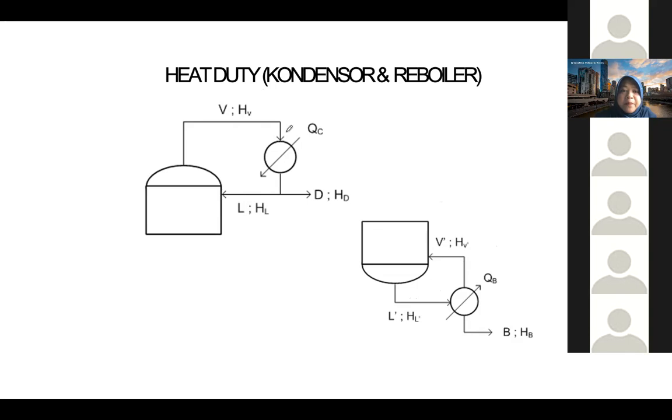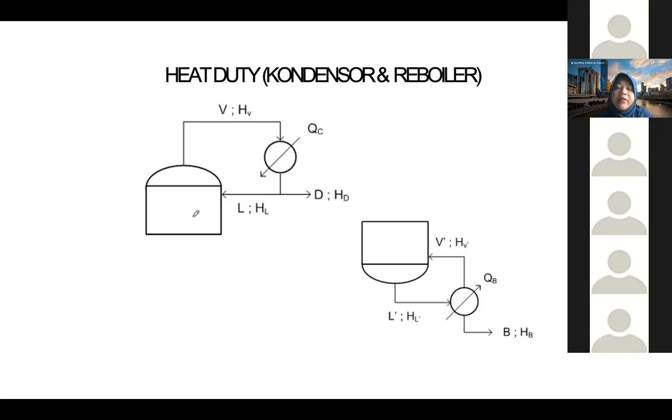Here is actually the heat duty for the condenser and reboiler. You can check, for example, the energy coming into the condenser equals the energy out. Energy in equals energy out. So V multiplied with HV equals Q plus LHL plus DHD.